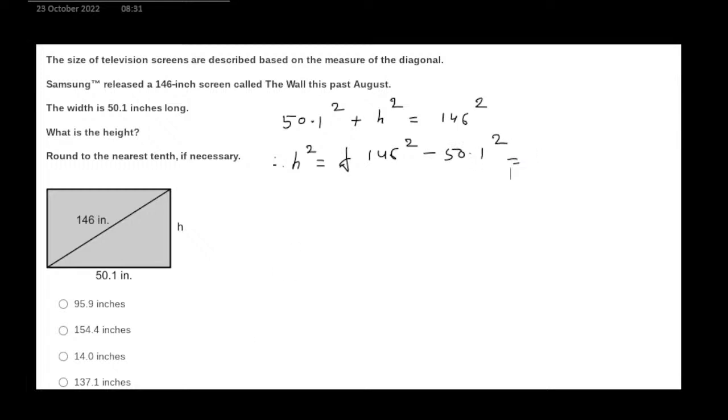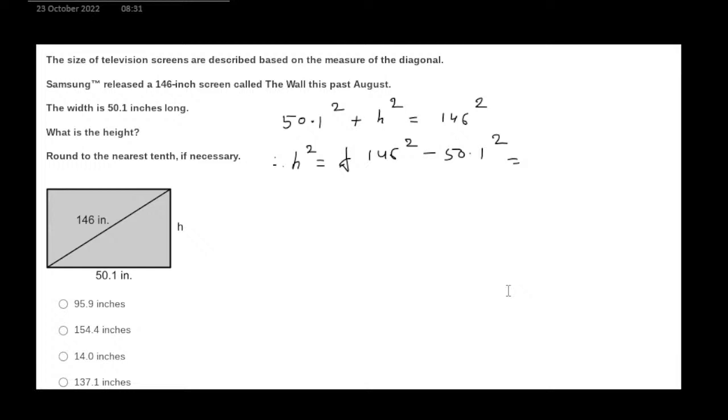So what is 146 square minus 50.1 square? 146 into 146 minus 50.1 into 50.1.